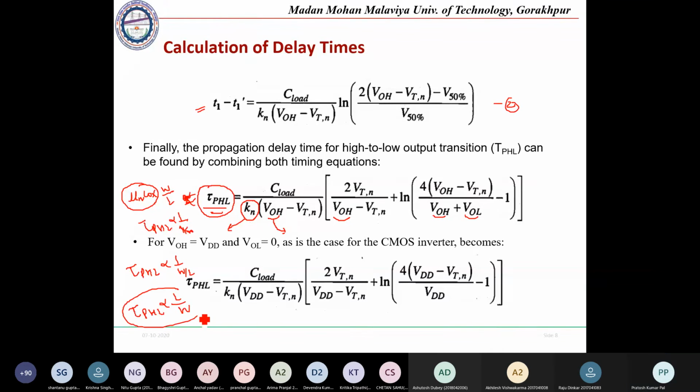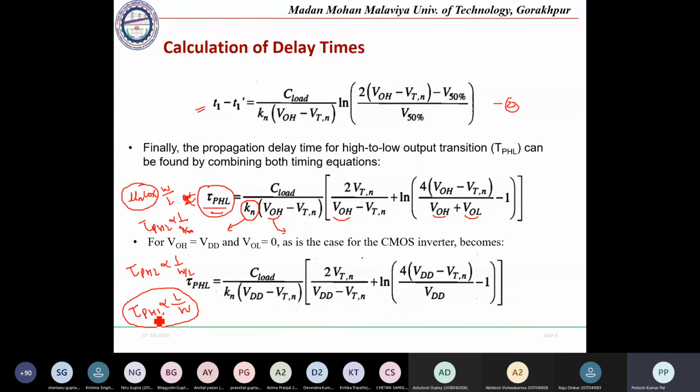From there, what we can see is that if tau PHL is high, the delay of a circuit will be high. If tau PHL of a circuit is low, then the delay of that circuit will be low.